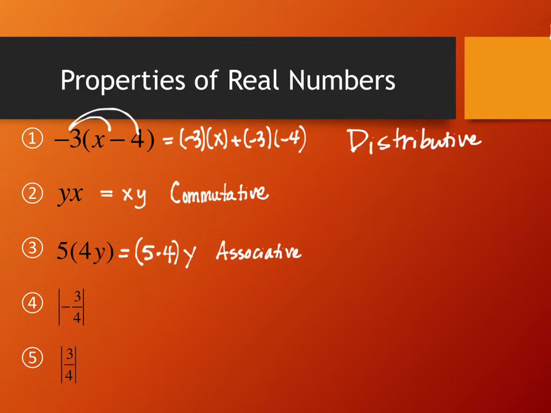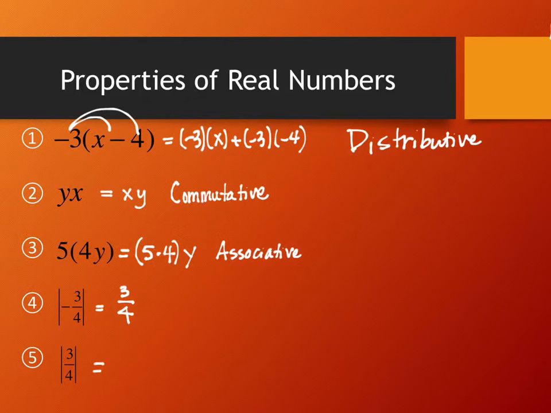The last two are absolute value properties. They don't necessarily have a name, just that they're properties associated with absolute values. But the idea really with absolute values is that they're measuring distance to 0. Okay? So if you're measuring the distance from -3/4 back to 0, that's still just 3/4.